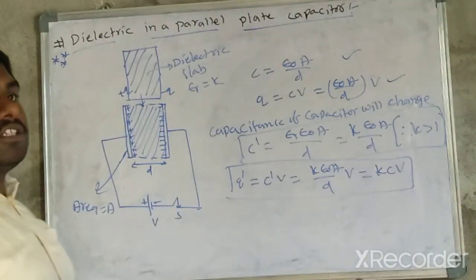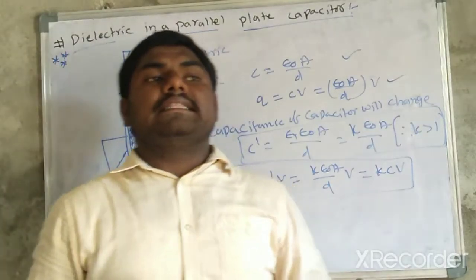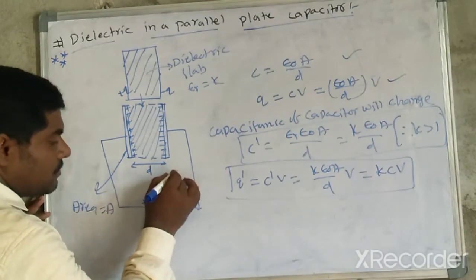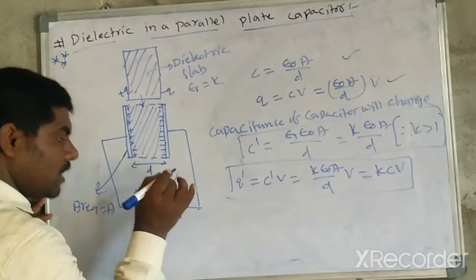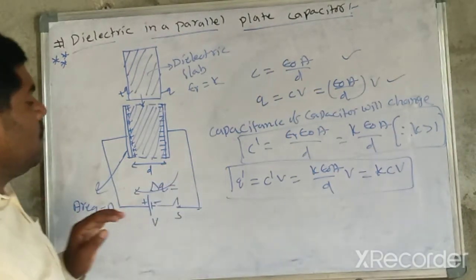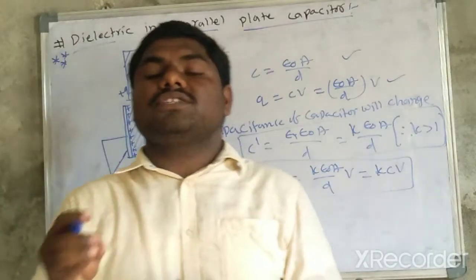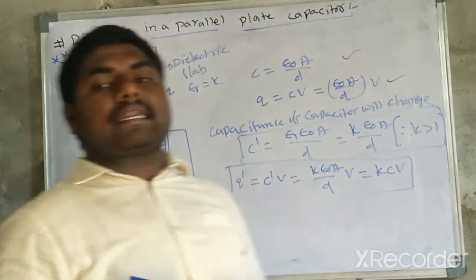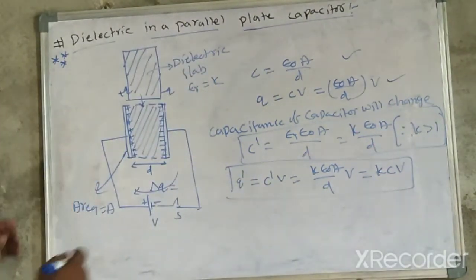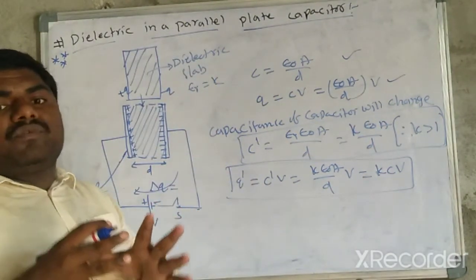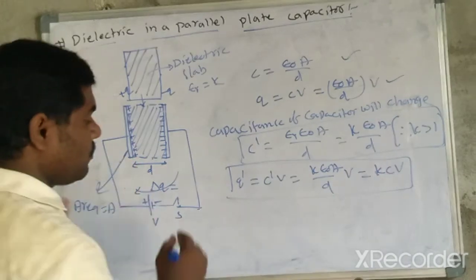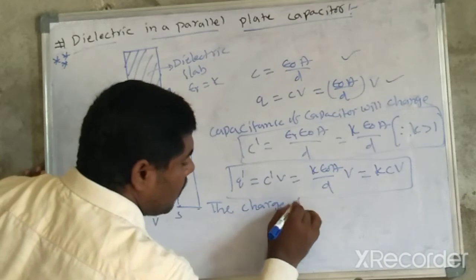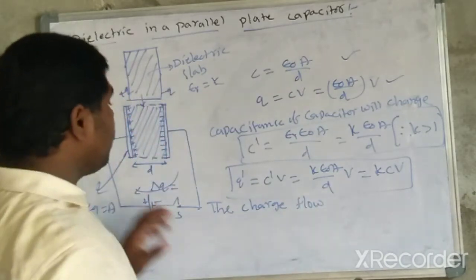Here the next, more important point, the charge flow. Whenever it is connected like this, the charge flow delta Q also flows like this. Here the charge flows through the battery due to dielectric insertion. So which charge flow?